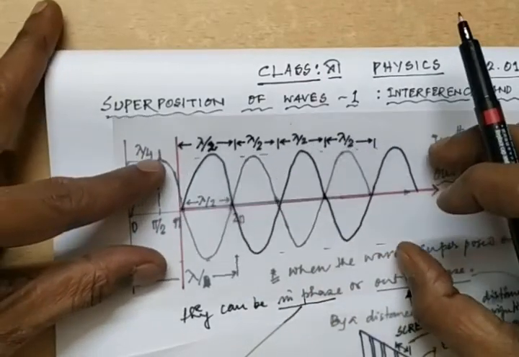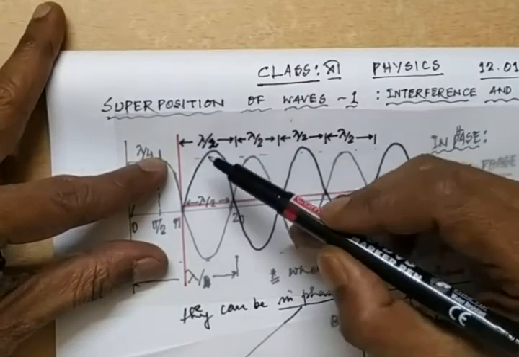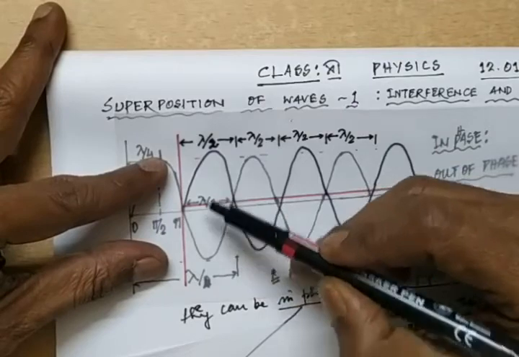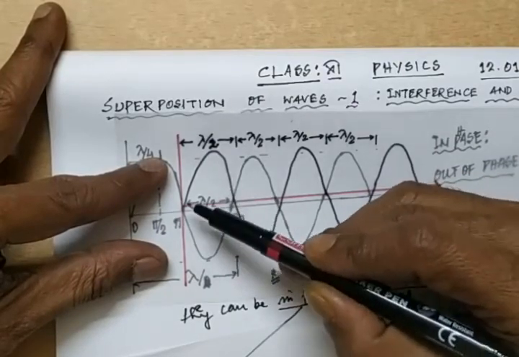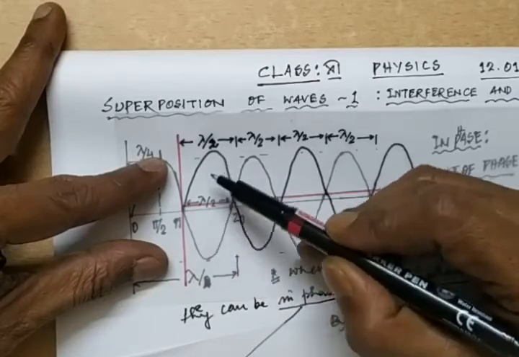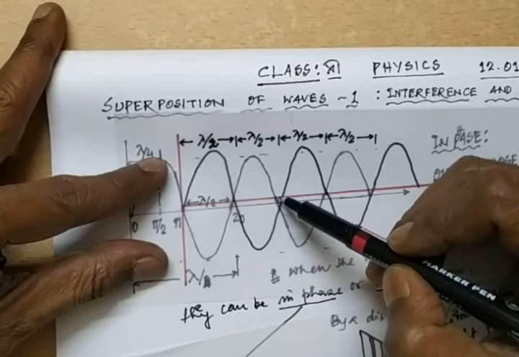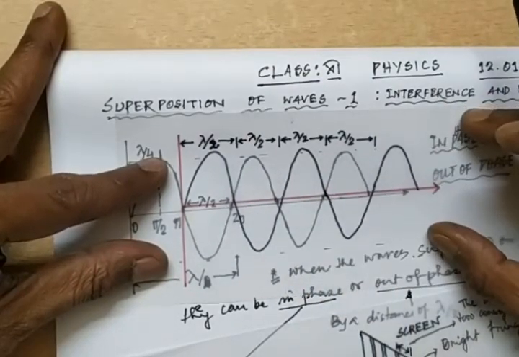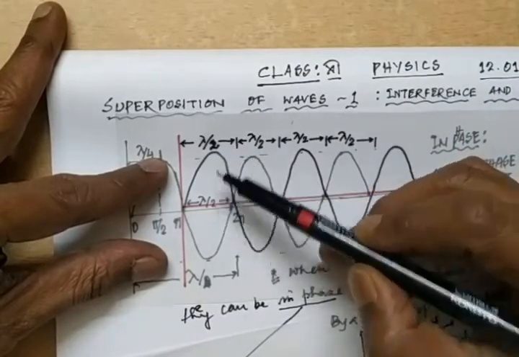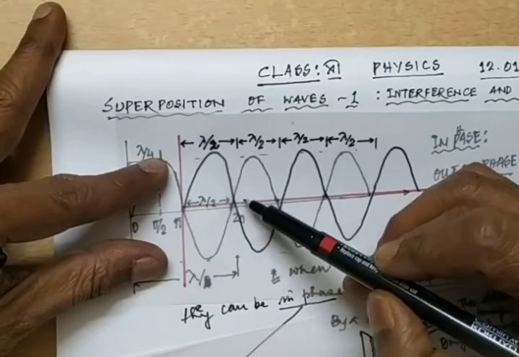So when they mix with each other, see, lambda by 2 comes ahead. So in this whole region everything is maximum amount. This is called the envelope of waves. So here the amount of energy stored will be maximum. Here it is minimum. Here the energy is maximum. Here the energy is minimum. So let me repeat once more. When the wave is like this, here the energy is maximum and here the energy is minimum.